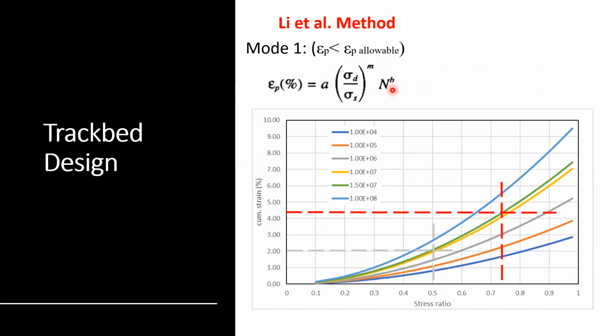The good thing is you can always have enough project specific testing, and you can extend on what they did to come up with your own parameters of A, M, and B. I'm not going to touch on this, but they have a very detailed paper, and it can help you understand the significance of each of these parameters.